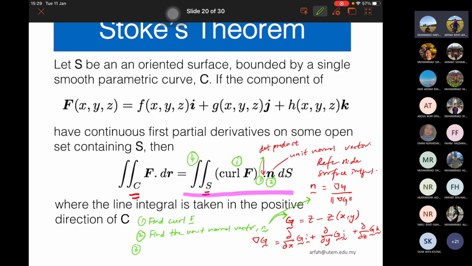Okay, yang ketiga, the dot product, settle down for the dot product, and the fourth one also solve for the integration. Okay, find the surface integral for the given vector function of F. Okay, dapat.